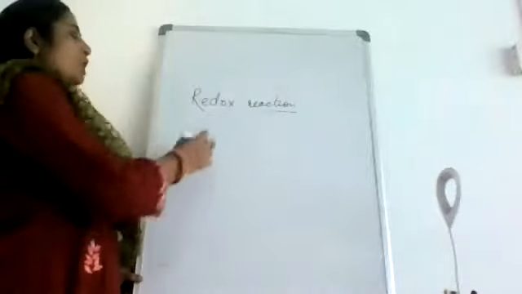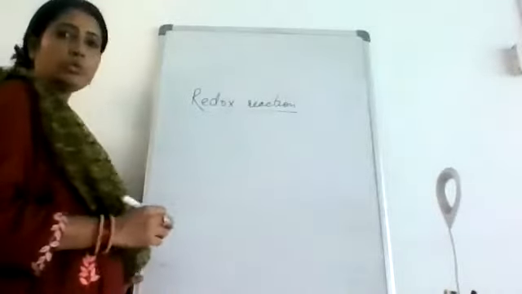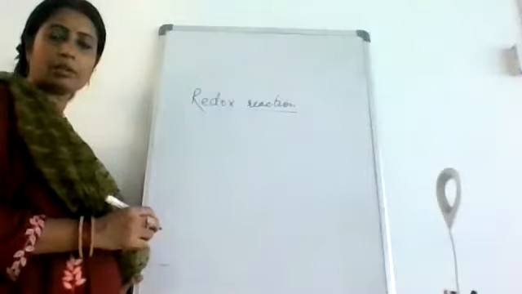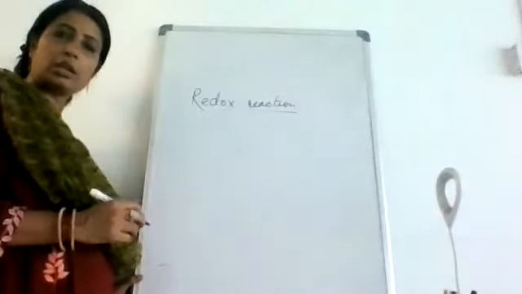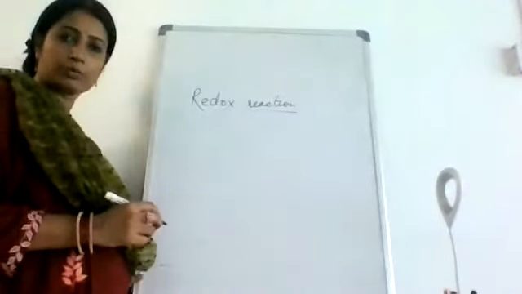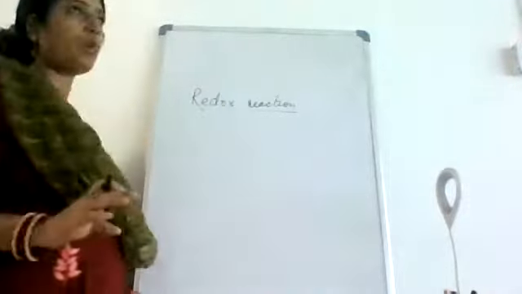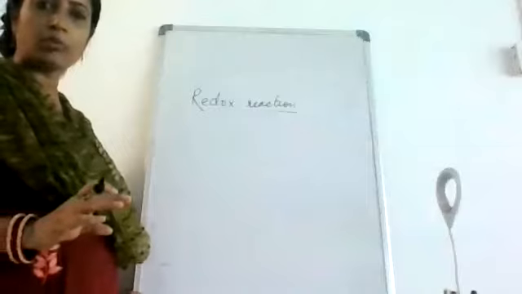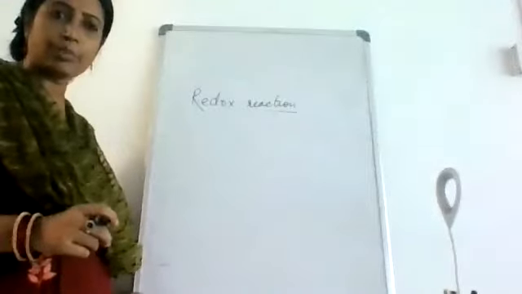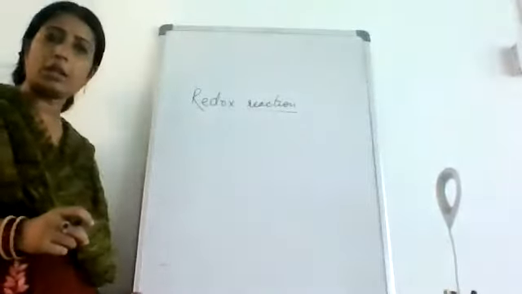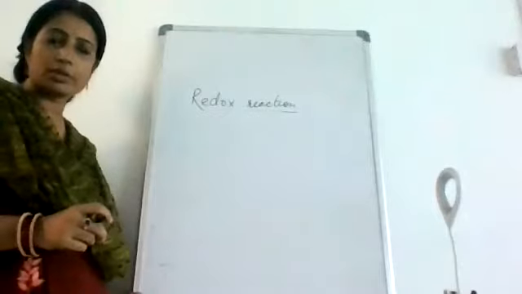Okay. So now we are going to do oxidation and reduction in terms of loss and gain of electron. But before doing redox reaction in terms of loss and gain of electron, I want to give you some more questions based on loss and gain of hydrogen and oxygen.